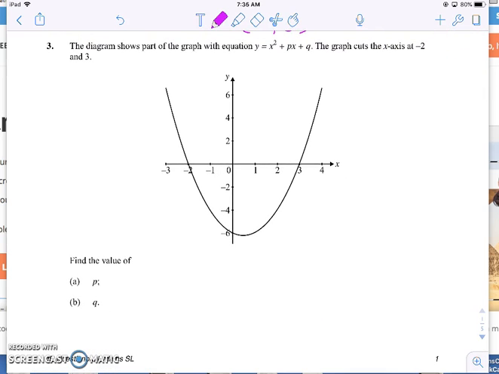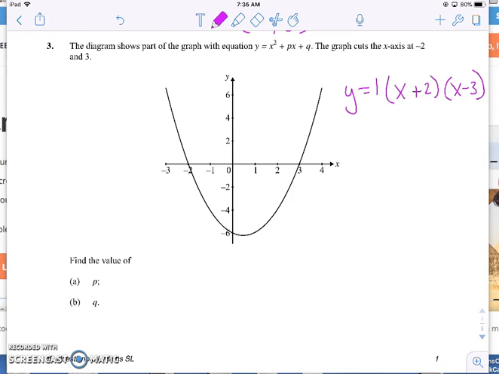The last one on this page, we're given a diagram, x squared plus px plus q, and the graph cuts the x-axis at negative 2 and 3. So find the values of p and q. We know our a value is 1 because of the x squared, and so our equation would be x plus 2 and x minus 3.